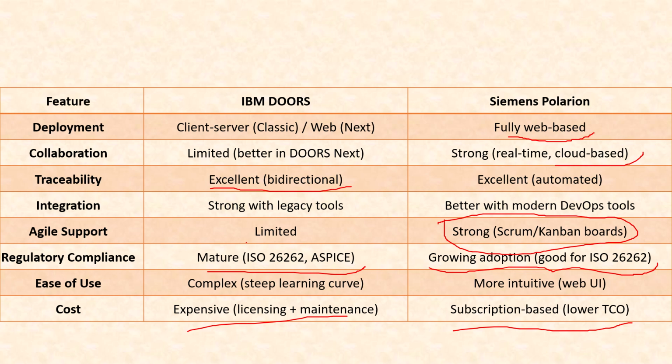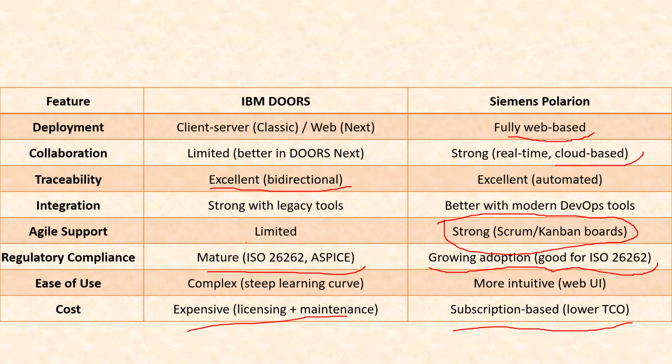But remember one thing: when you get a job in an OEM or tier 1 company, irrespective of whether you are working on IBM DOORS or Polarion, if your systems engineering base is solid, mastering these tools is very easy, because as I said, this is only a tool.